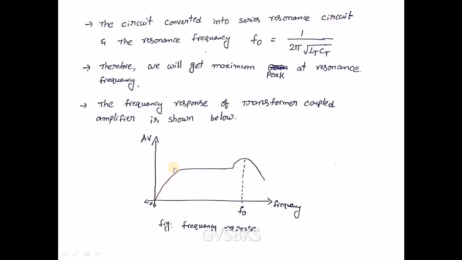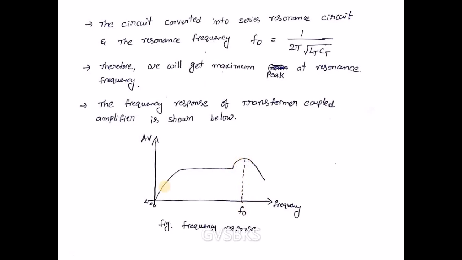The frequency response curve is shown in the figure. Up to here, the transformer coupled amplifier will work normally like an RC coupled amplifier, and only at the resonant frequency we will get the maximum peak.